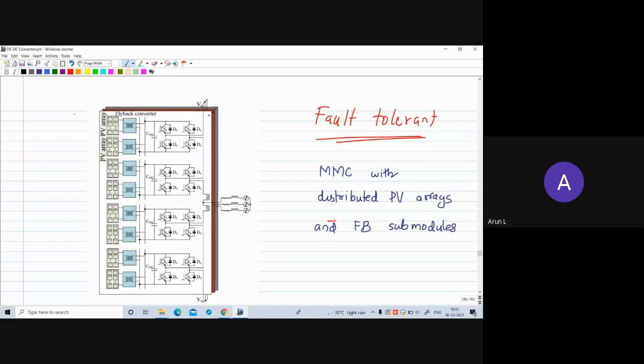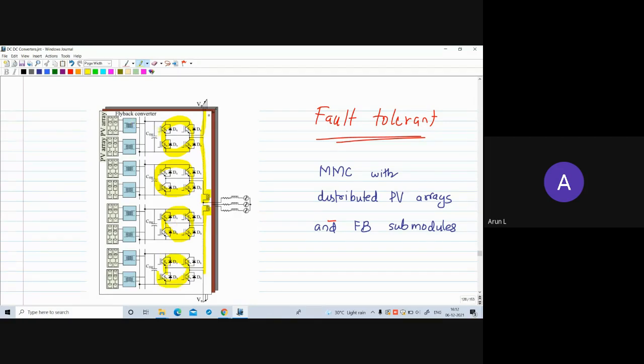So here I have shown a modular multi-level converter. As we have seen in the previous diagram, this is the arm inductance. So this forms one arm. In one arm, you have one inductance. This is another arm inductance. And in each arm, you have a large number of submodules. Here only 2 submodules are shown. So in the lower arm also 2 submodules are shown.